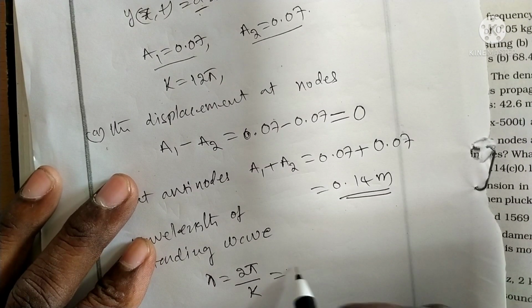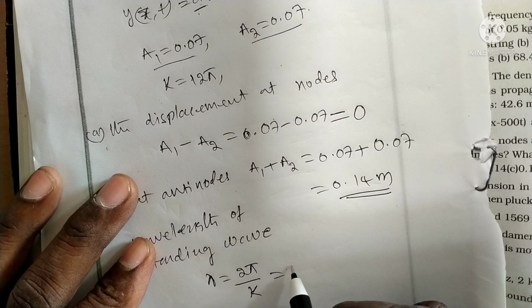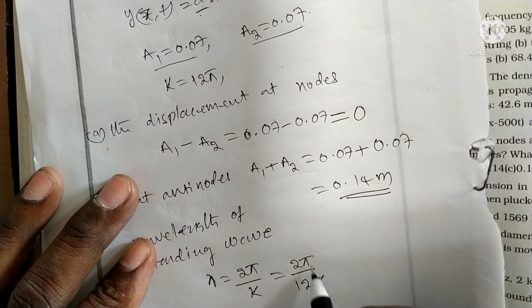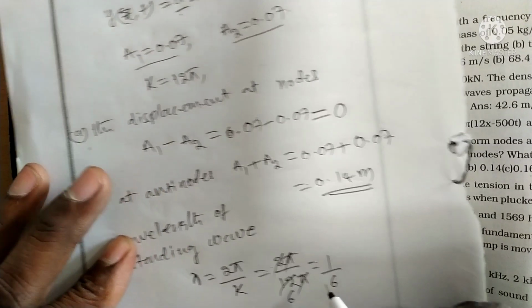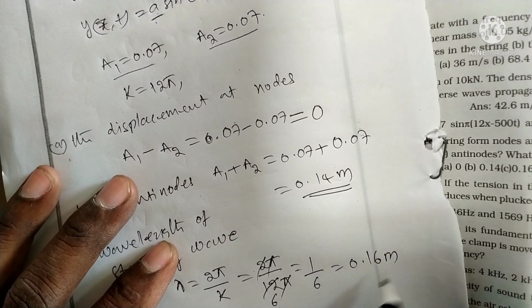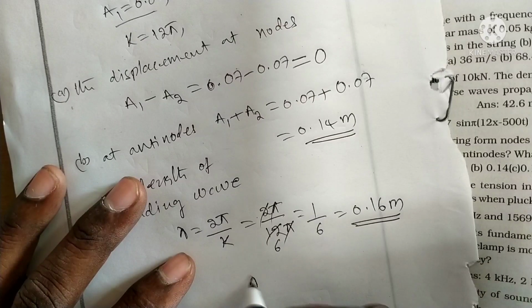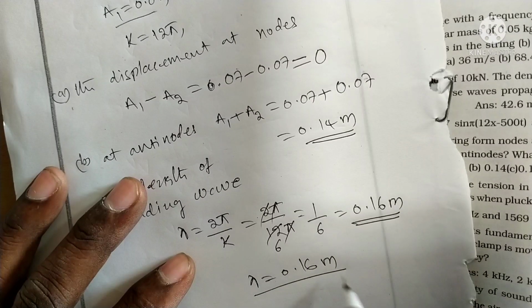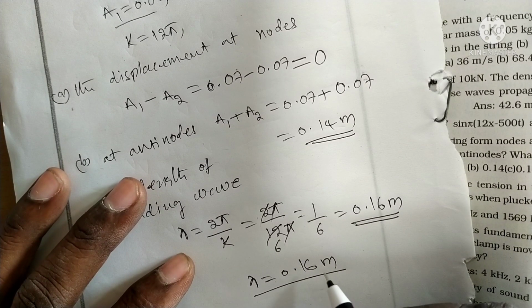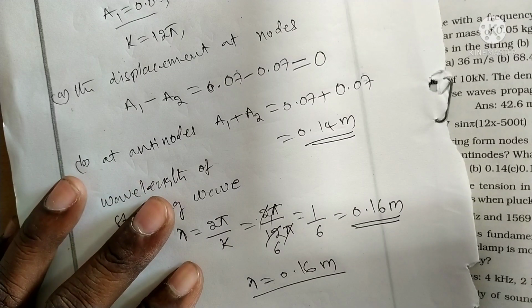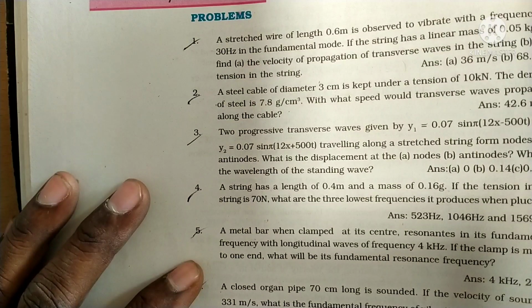Substituting the wave vector value, lambda is 2 pi by 12 pi. Pi cancels, so it is 1 by 6, approximately 0.16 meters. The wavelength of the string is 0.16 meters.